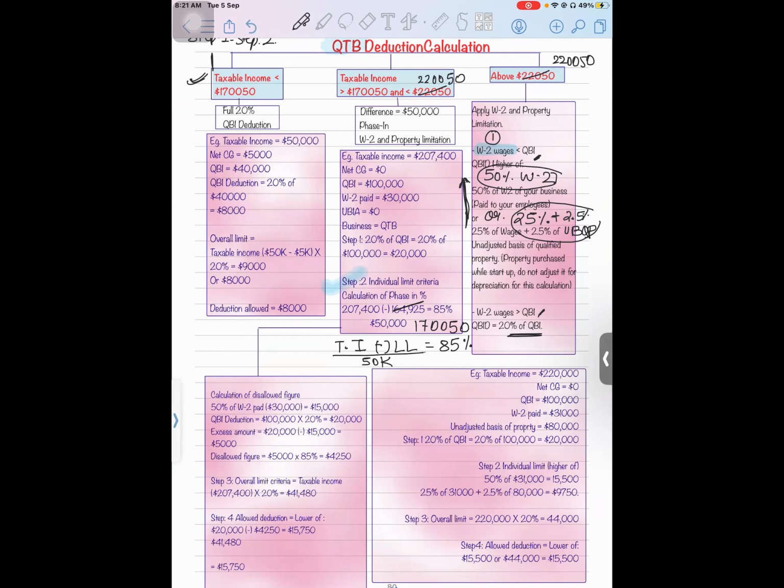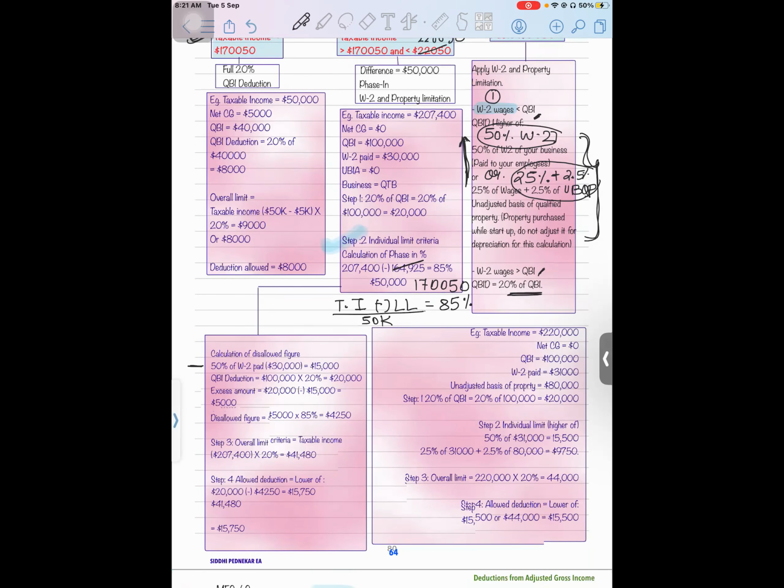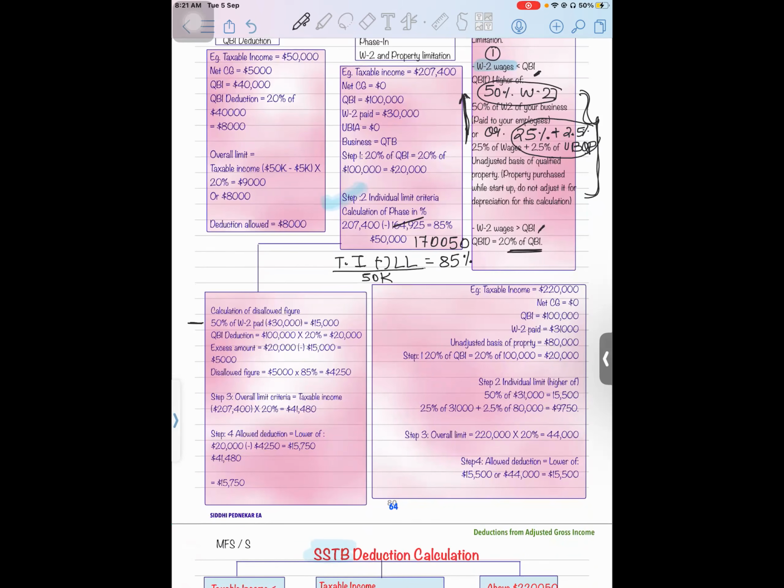Now for the second step, you are going to take 50% of W2, which in our example is 15,000. Then take the QBI deduction. What is the maximum QBI deduction? We get 20% of QBI.